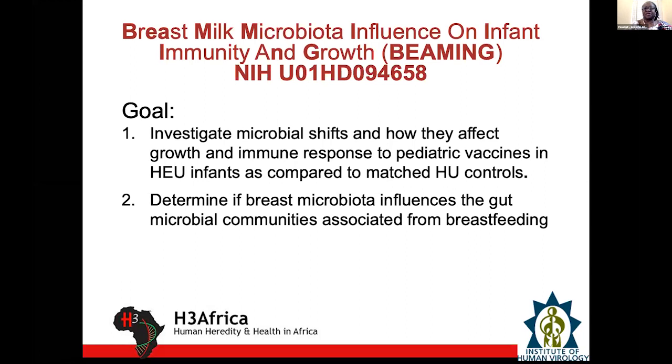We also wanted to see, especially in a continent like Africa, where there is a significant amount of breastfeeding that happens, the role that breast microbiota plays in the gut microbiome communities that has been associated with some outcomes in the infants.